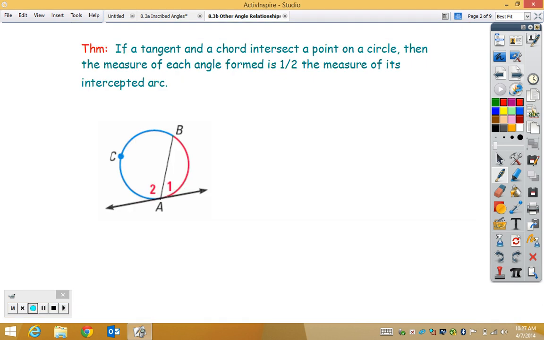If a tangent and a chord intersect at a point on a circle, then the measure of each angle formed is 1/2 the measure of its intercepted arc.